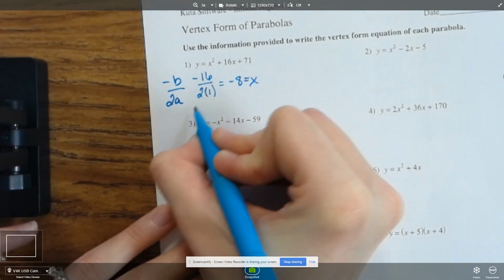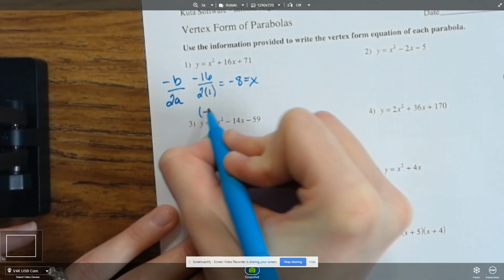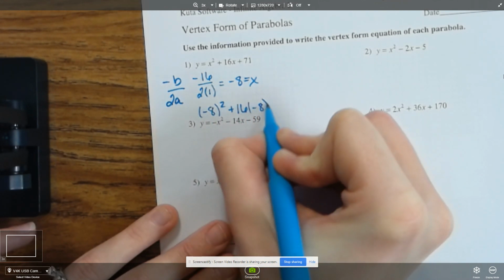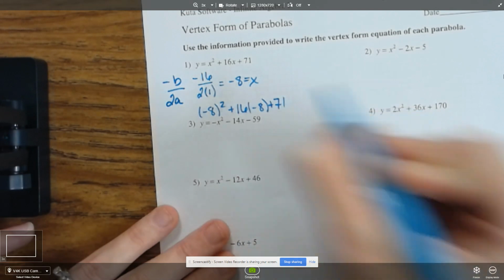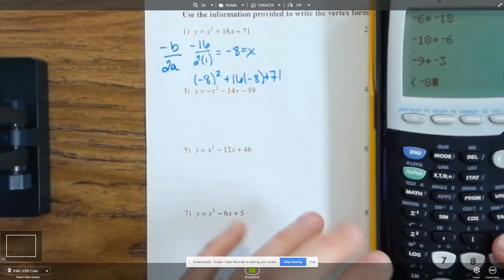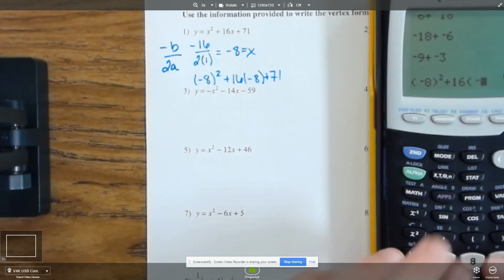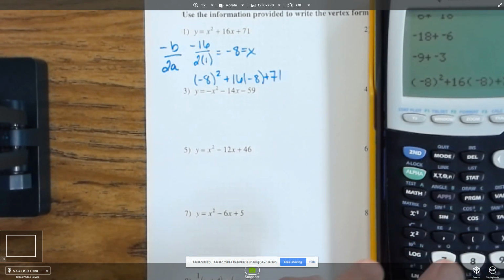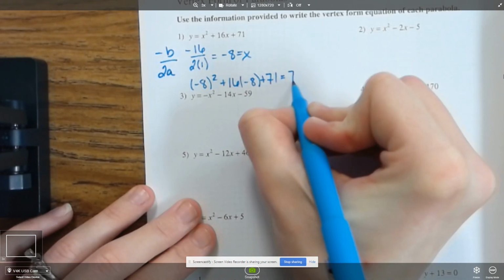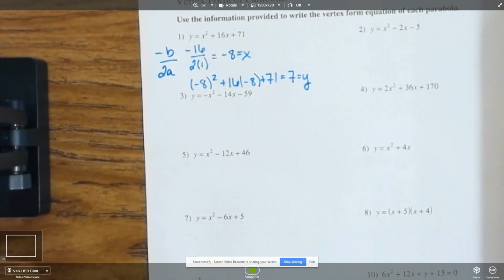And then to find our y, we would do negative 8 squared plus 16 times negative 8 plus 71. So negative 8 squared. And so here I get a 7, and that would be my y.